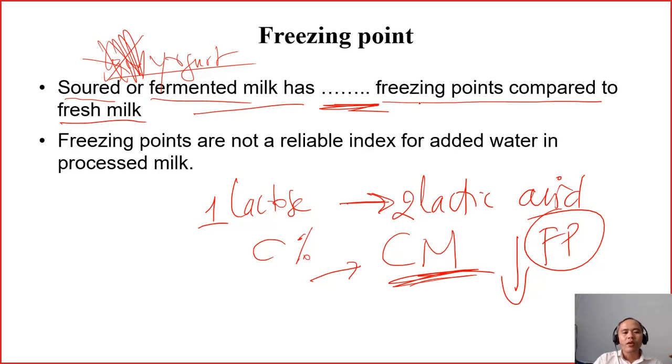Remember, freezing point is not a reliable index for added water in processed milk. When we already do heat treatment, measurement of freezing point to determine if water has been added or not is not accurate. But on fresh milk, on raw milk, yes, we can do.